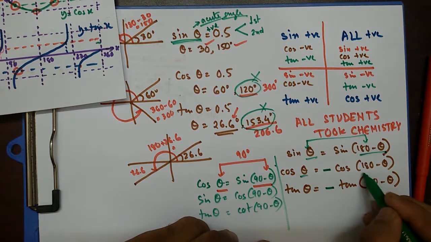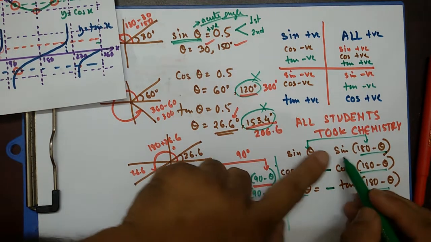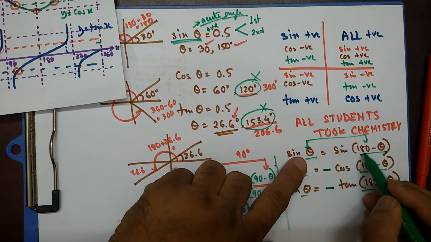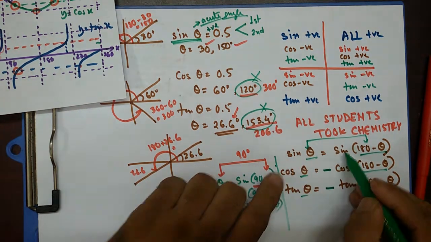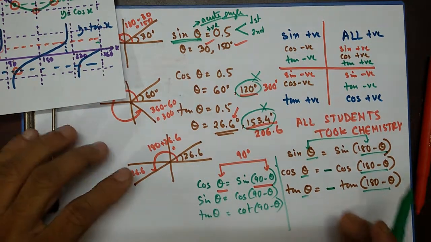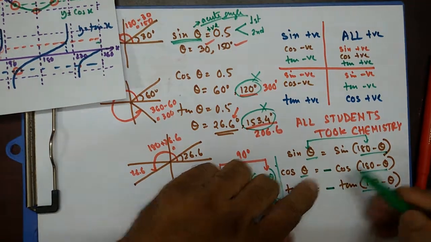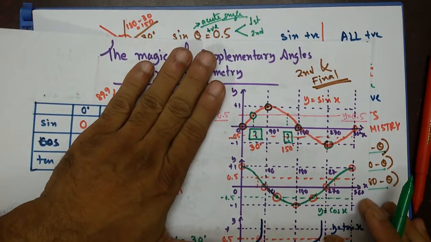When we have sine theta and the supplementary of this theta, sine remains sine, cos remains cos, tan remains tan. The only difference is that cos and tan change their sign. So this is the beauty of supplementary angles in trigonometry.